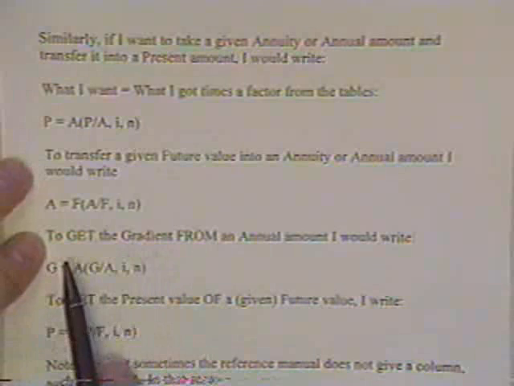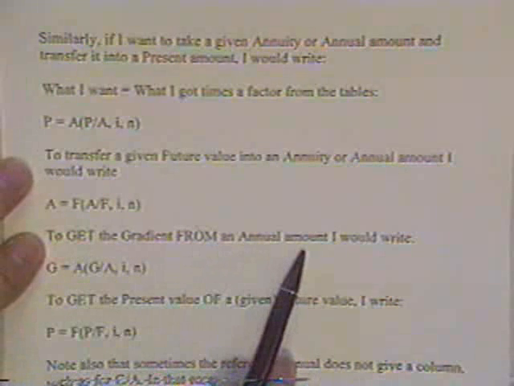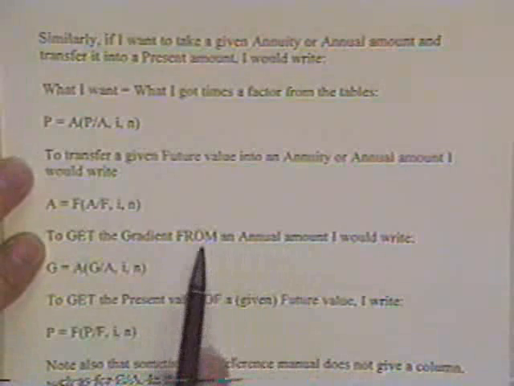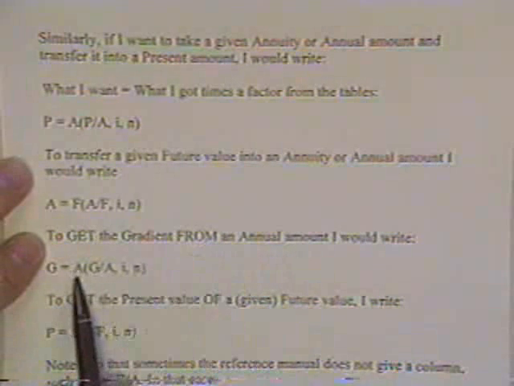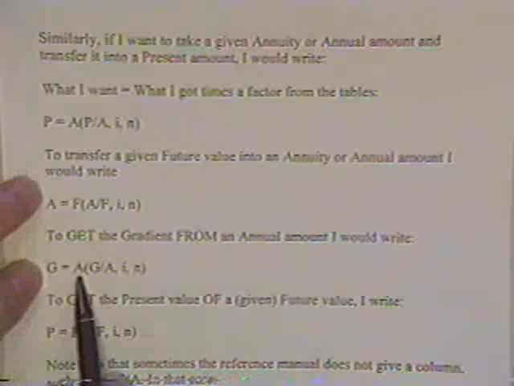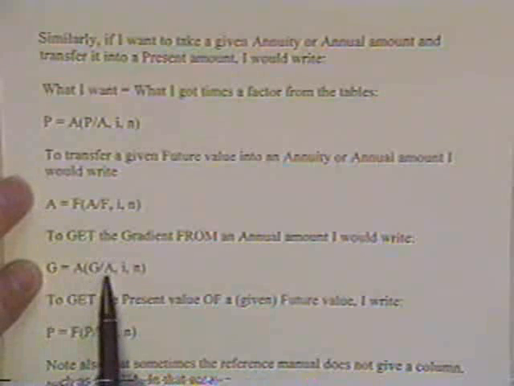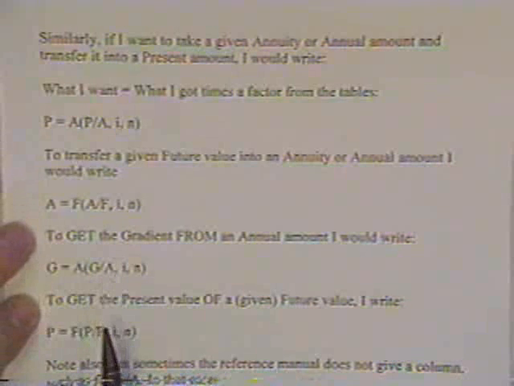If he says you want to get the gradient from an annual amount, in other words, from an annual amount means I'm given the annual amount, so the given goes on the right-hand side of the equation. And to get G from that, I multiply times the G over A factor.